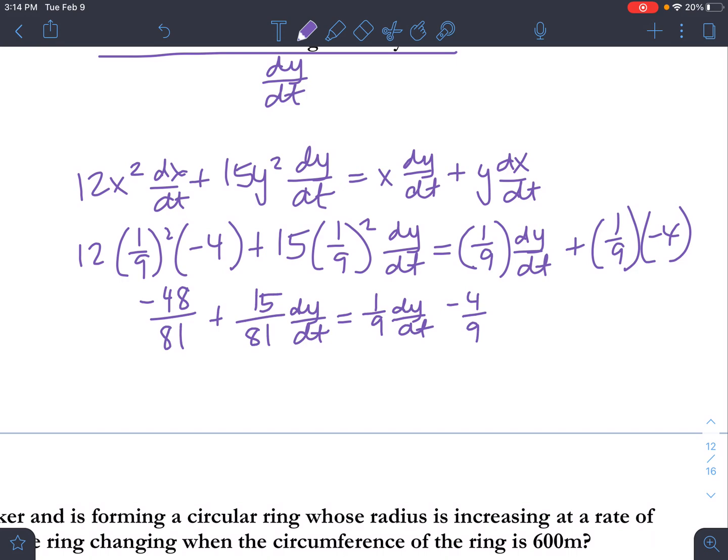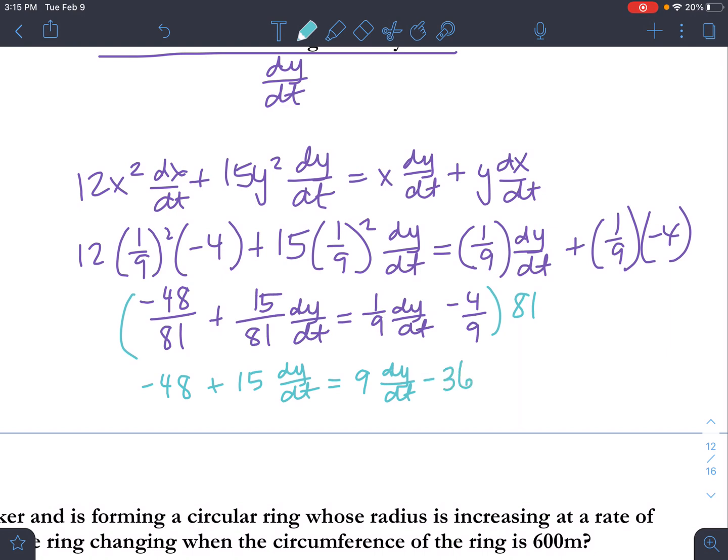If you notice they all have 81s and 9s, I found the easiest way to get rid of that quickly was just multiply by 81. -48 + 15 dy/dt = 9 dy/dt, and this guy would be -36.